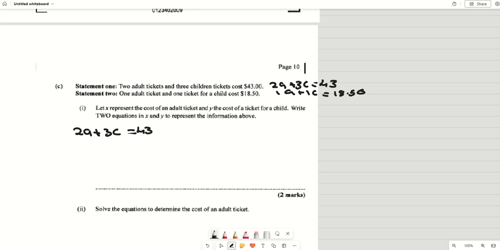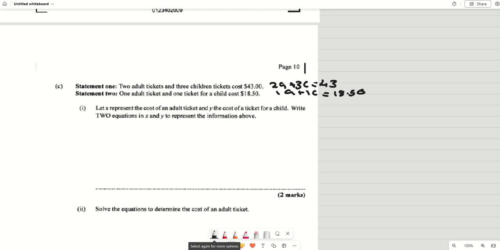All right. Then we read underneath here, let X represent the cost of adults and Y represent the cost of children. So write two inequalities in X and Y to represent the information above, right? Two equations, not inequalities, two equations.